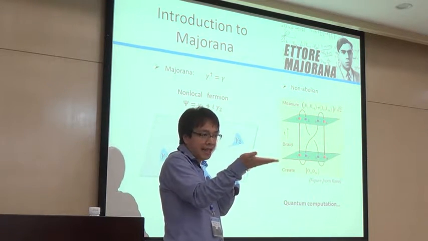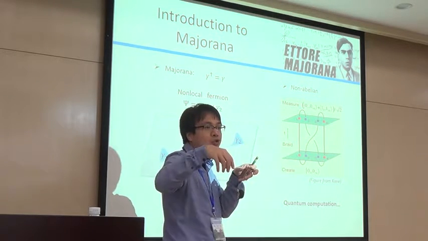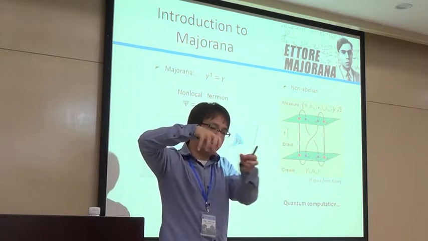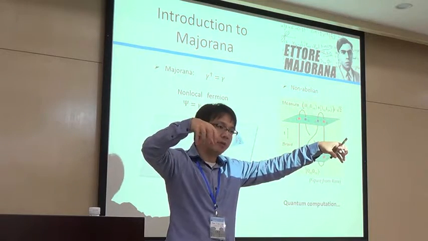You can change the local chemical potential of your structure, and by doing this, gating can change the position of this Majorana fermion.